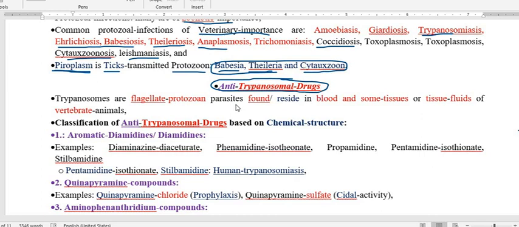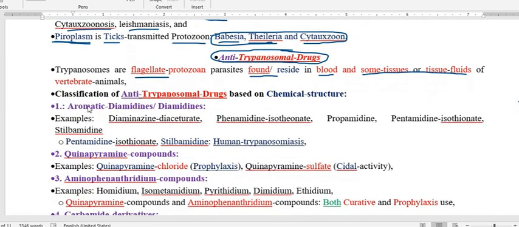Trypanosoma is a flagellate protozoa residing in blood, tissue fluid, and some tissues of vertebrate animals.